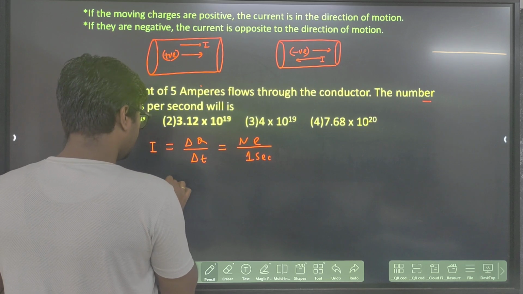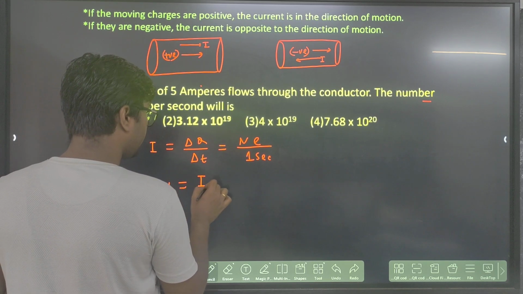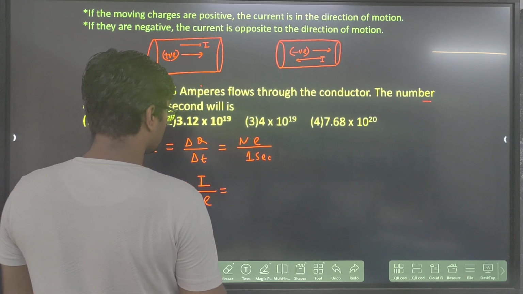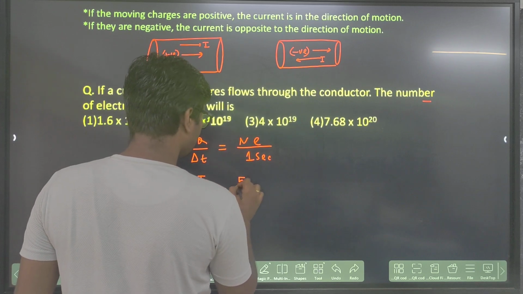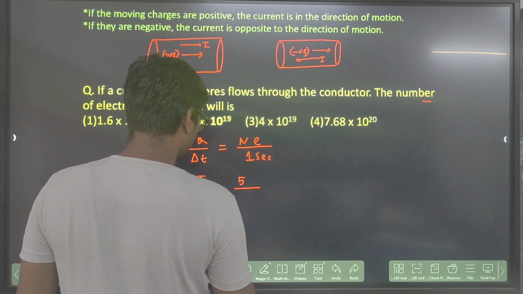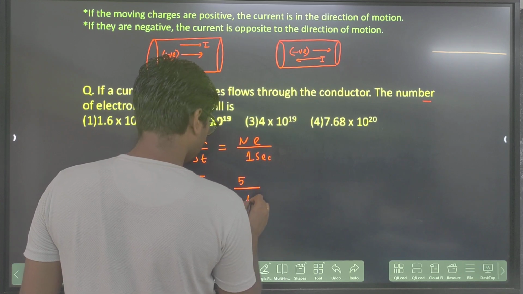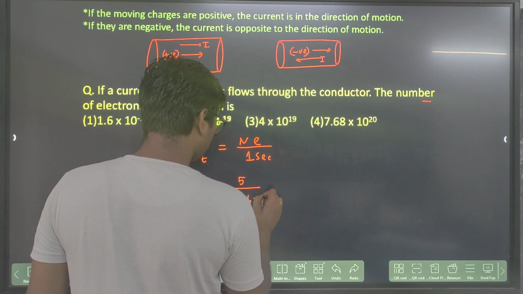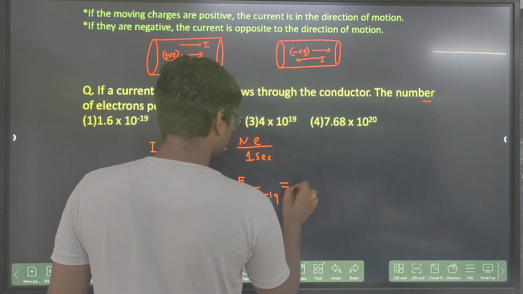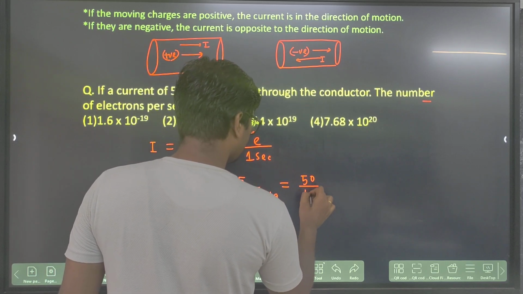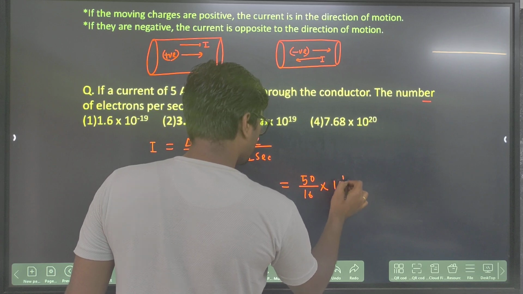And I can write N equal to I by E. So I is your 5 ampere divided by E, which is 1.6 into 10 to the power minus 19 coulomb. So this can be written 50 divided by 16 into 10 to the power 19.